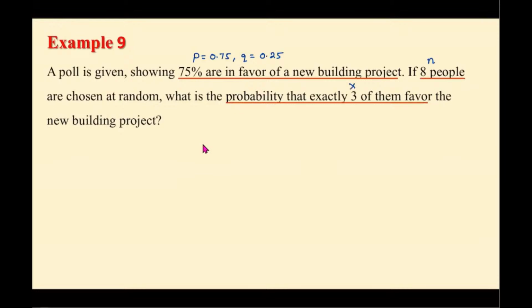Once we have all this information, we can use the formula, as we know this is a binomial probability distribution. The probability of x successes is n factorial over x factorial, n minus x factorial, multiplied by p to the x, multiplied by q to the n minus x, which is equal to n factorial. Your value of n is 8, so it is 8 factorial.